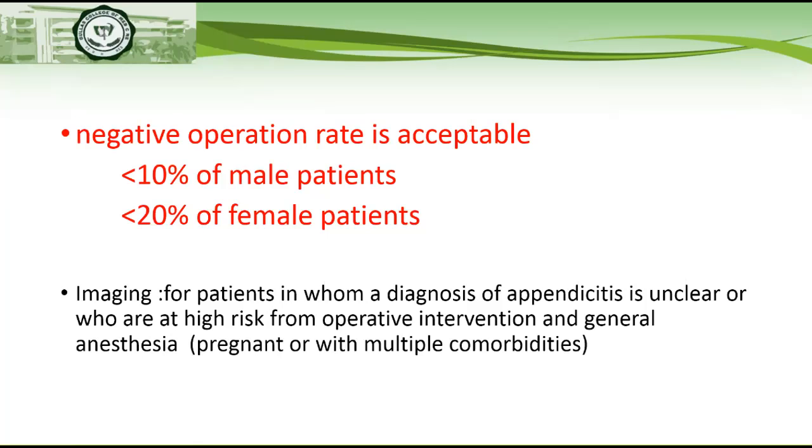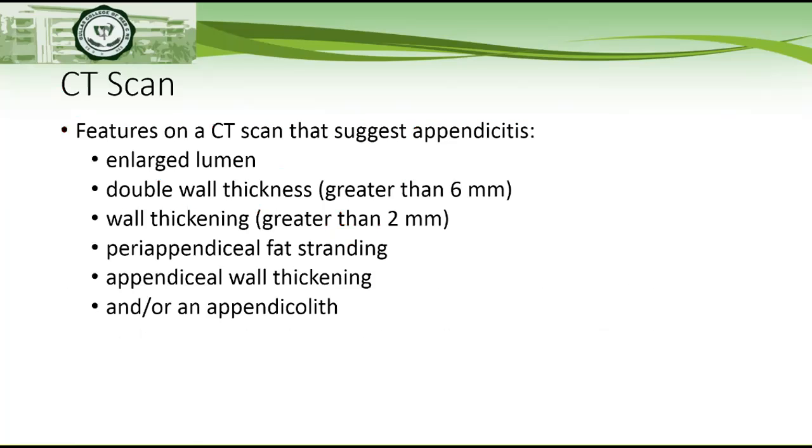Imaging is for patients in whom a diagnosis of appendicitis is unclear or who are at risk for operative intervention and general anesthesia, such as pregnant patients or patients with multiple comorbids. CT scan. Features on a CT scan that suggest appendicitis are enlarged lumen, double wall thickness greater than 6 mm, wall thickening greater than 2 mm, periappendiceal fat stranding, appendiceal wall thickening, and the presence of an appendicolith.